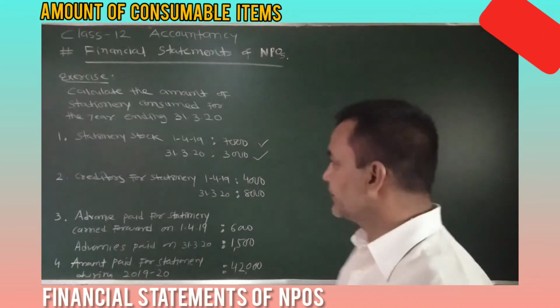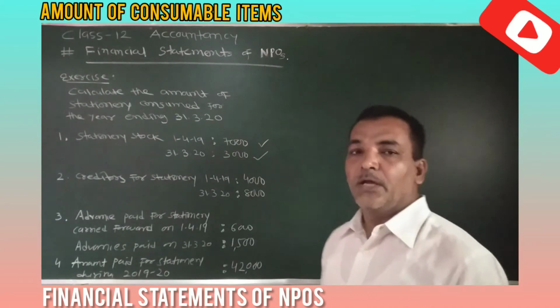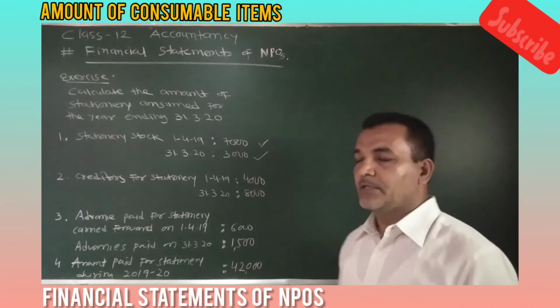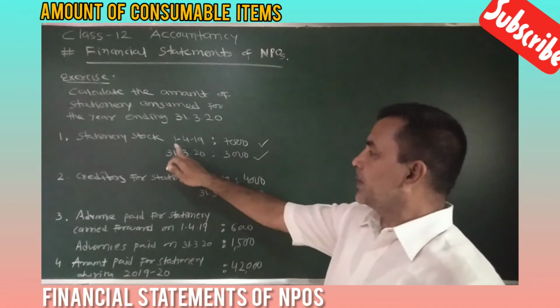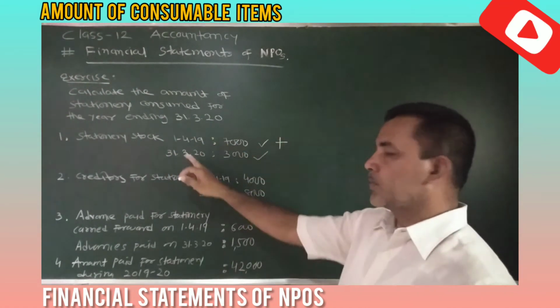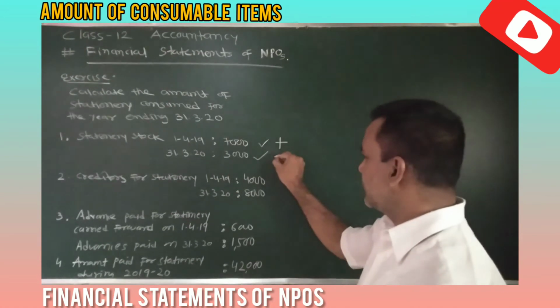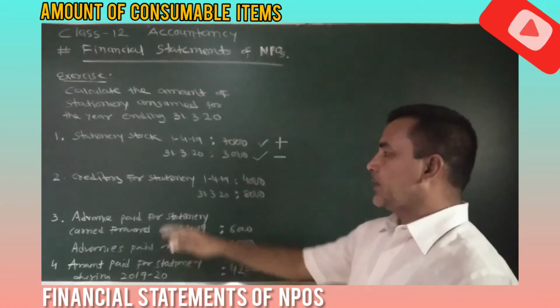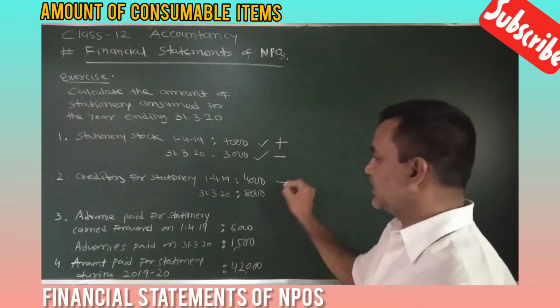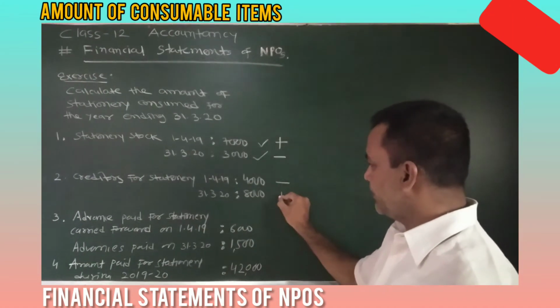So let us find. First of all, if we are preparing by the statement method, then in the statement, opening stock rupees 7,000, we will plus. Closing stock rupees 3,000, we minus. In case of creditors, opening we minus and closing we plus.